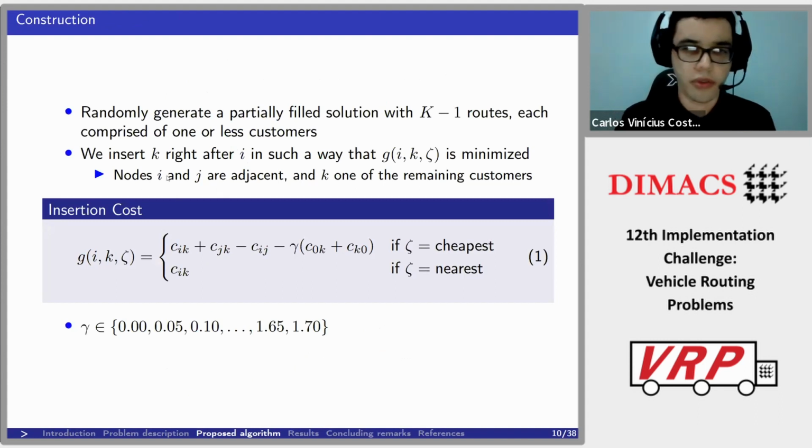The first one is the construction. Basically, we start with a partially filled solution, which is generated randomly, where each route contains one customer or less.